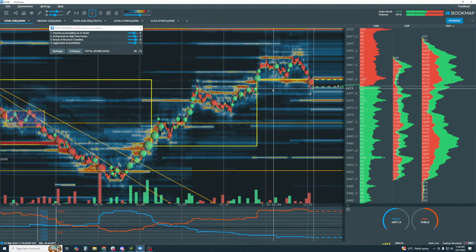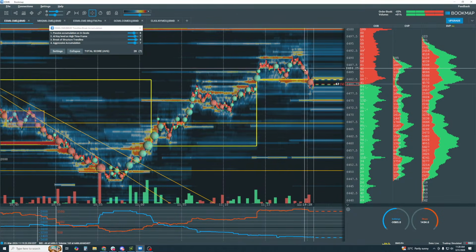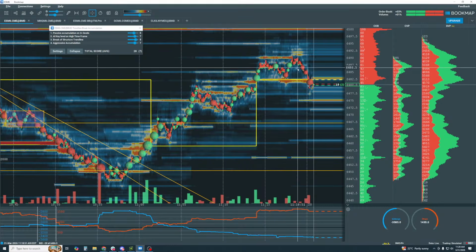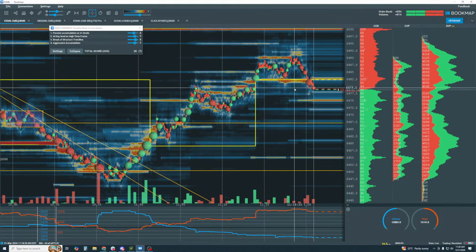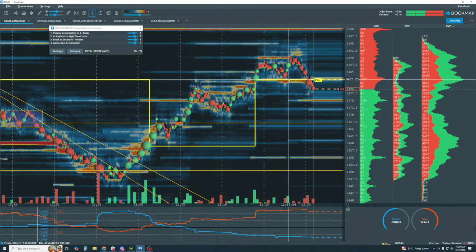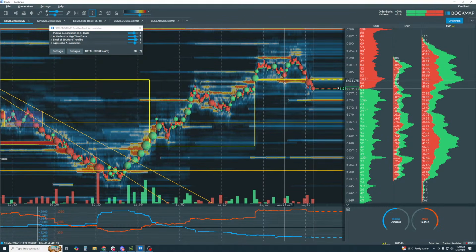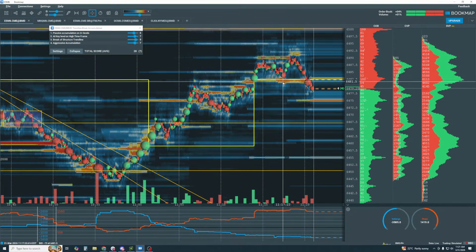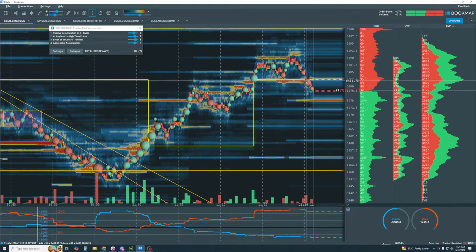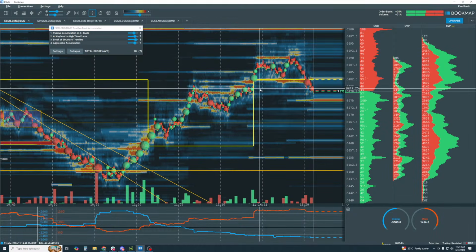I imagine we'll probably find some buyers and retest it back up in here, back up into this zone, but we don't know. If you trailed your stop aggressively, you would be out up in here. Your trail would probably be up around this 81 level, some 82, 81, and you would have been stopped out.